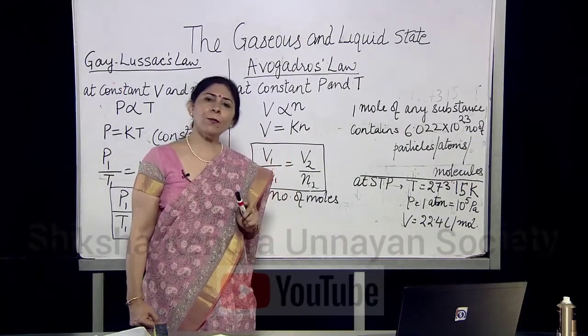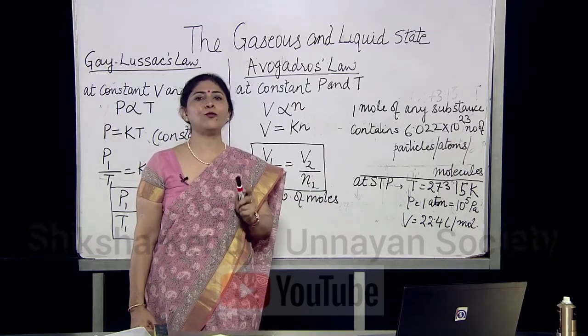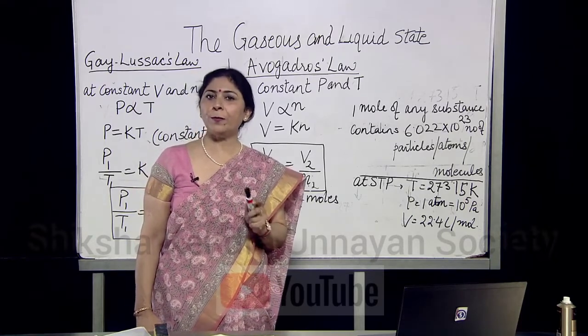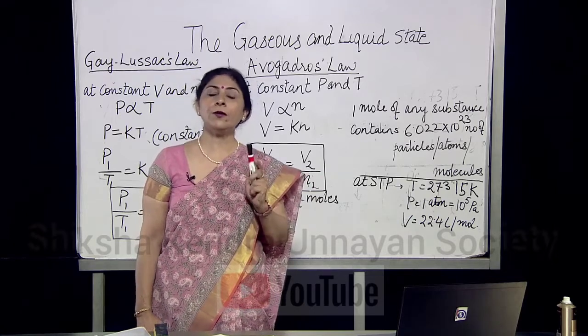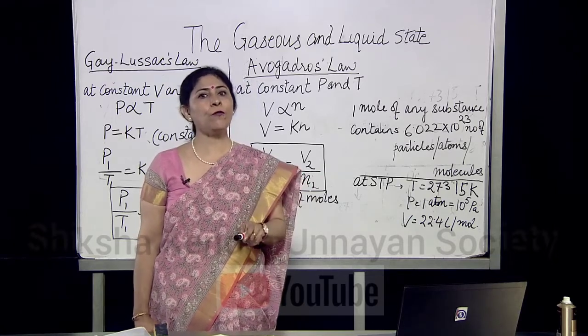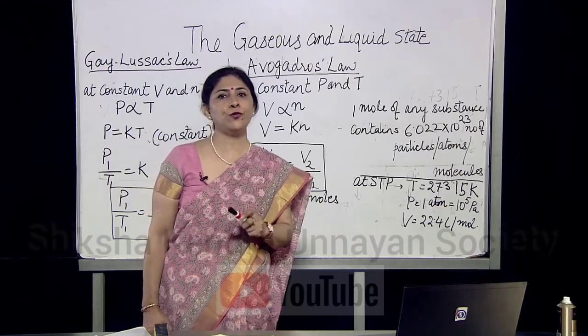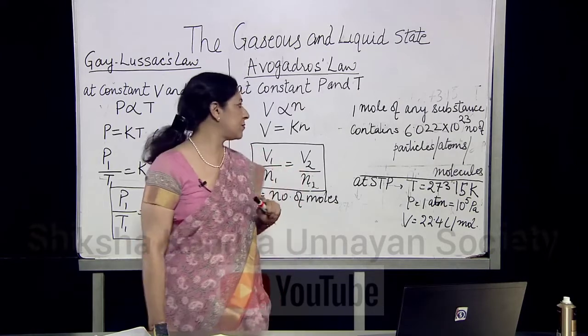Suppose we talk about 1 mole of hydrogen atoms, it contains 6.022 into 10 power 23 atoms. In the same way, 1 mole of hydrogen molecules contains 6.022 into 10 power 23 hydrogen molecules.